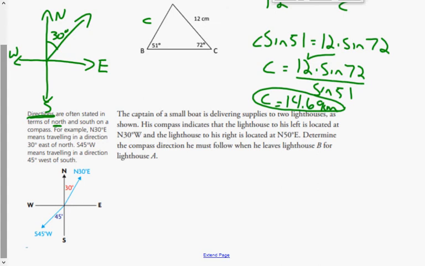Or if I was going south 45 degrees west, I would draw my line between south and west, but then my measurement would be here, because it's south, but I headed over 45 degrees to the west. Now let's say I had something like south 60 degrees east, so I started south. I'm going to go off towards the east, and it's going to be 60 degrees.